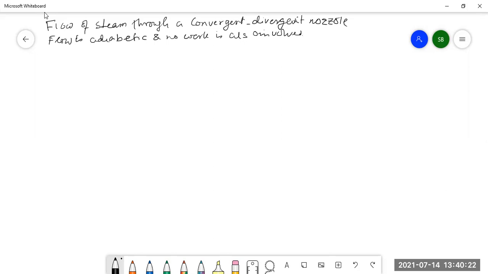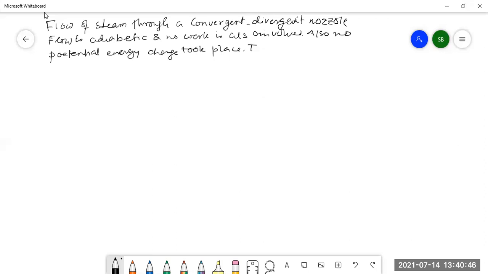Also note there is no potential energy change that took place. Thus, it is only a steady flow energy equation.